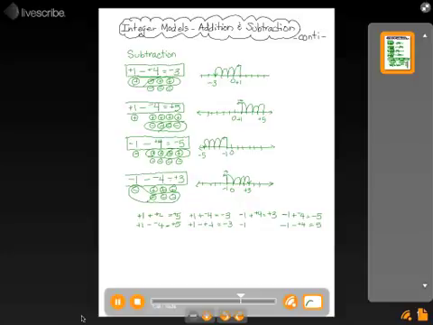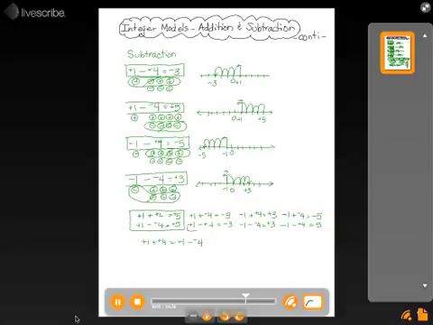So -1 minus a -4 is equal to a +3. So these two problems have the same answer. So they're equivalent. So +1 plus a +4 is equal to a +1 minus a -4.